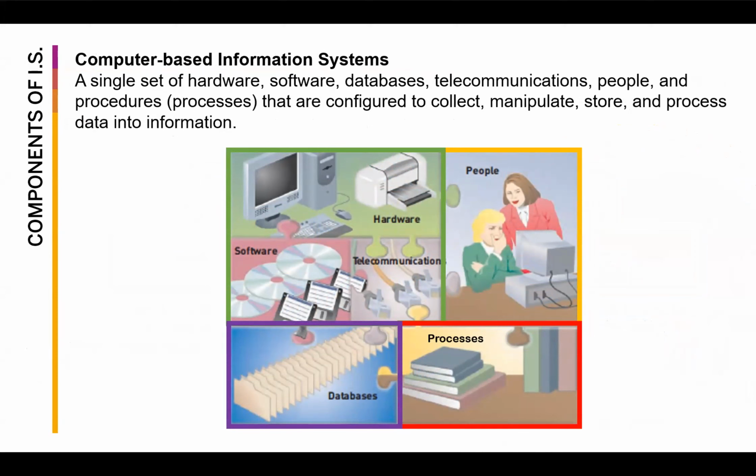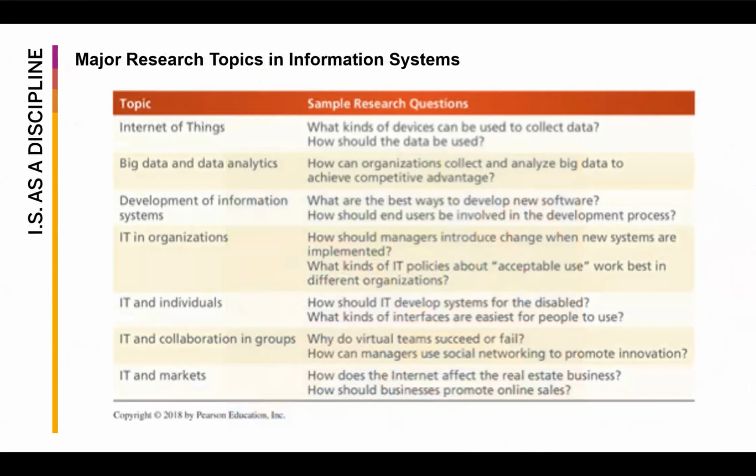Now we will look at information systems as a discipline. In universities like Ateneo, we can go for the research track of information systems, where you can answer specific questions with regards to how technology is used within organizations. For example, you can look at it from a technology perspective.